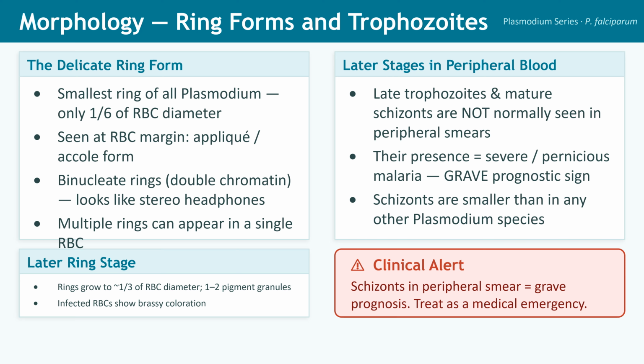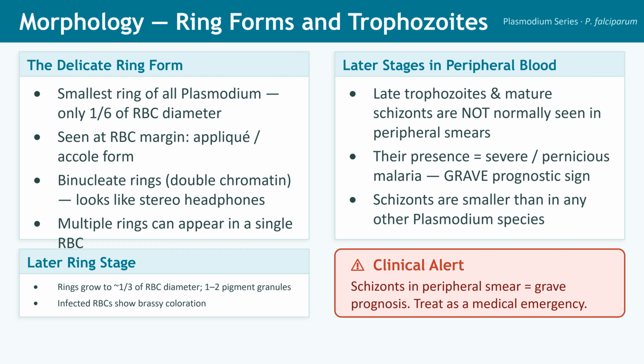In the course of time, the ring becomes larger, about one third of the size of the RBC, and has 1 to 2 grains of pigment in the cytoplasm, which we can also see in the later figure.